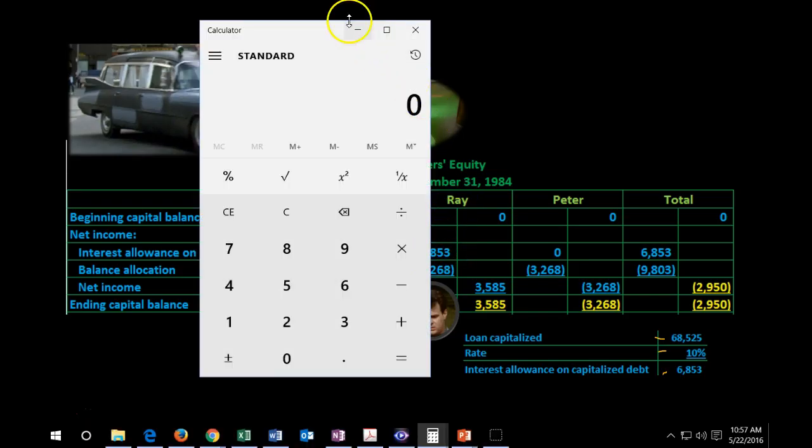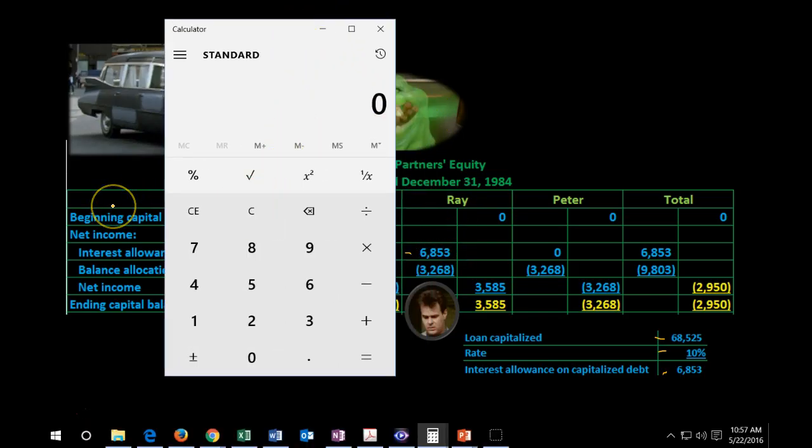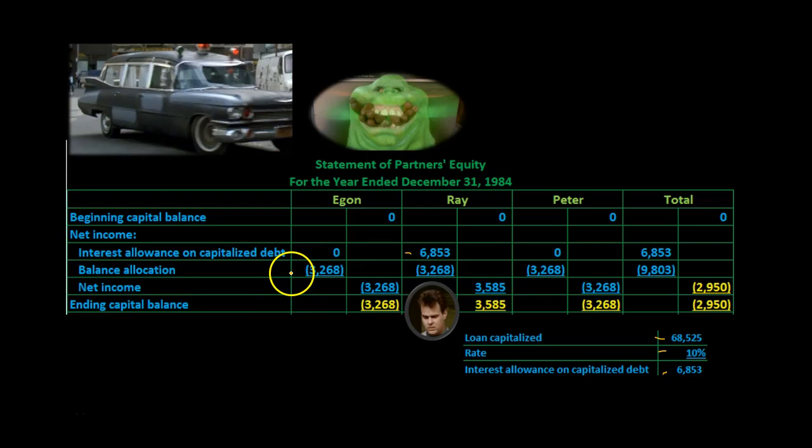So to calculate that, we would say that Ray is going to get $6,853, plus the loss, which totaled $2,950, and we're going to allocate that evenly between the three partners by dividing by 3, and that gives us $3,268. So Egon's going to be $3,268 allocated if an entire year had passed and there was a loss of $2,950. Egon would owe the company $3,268.